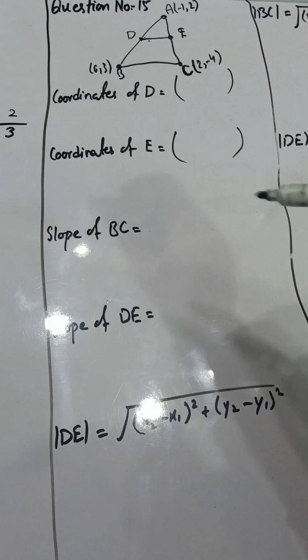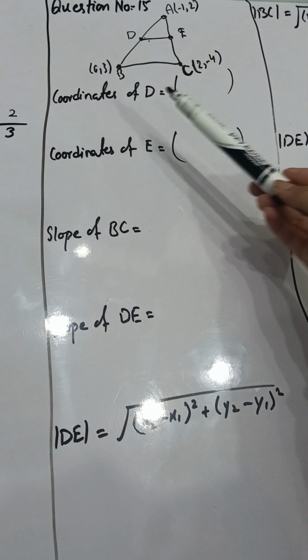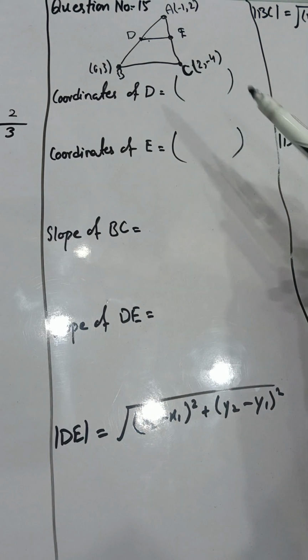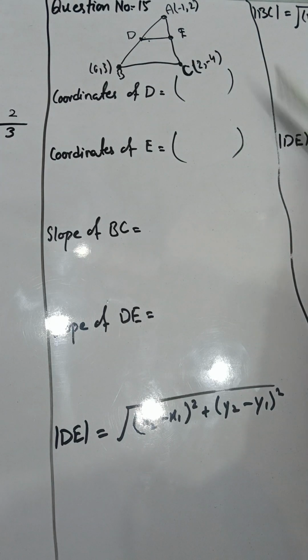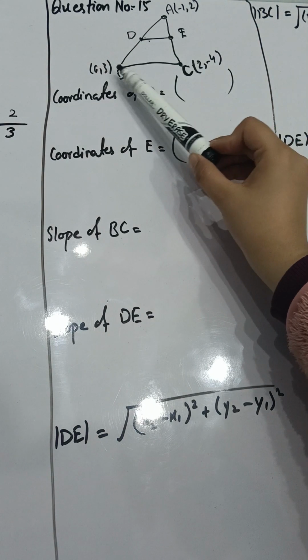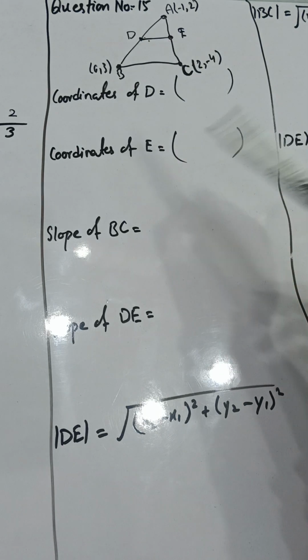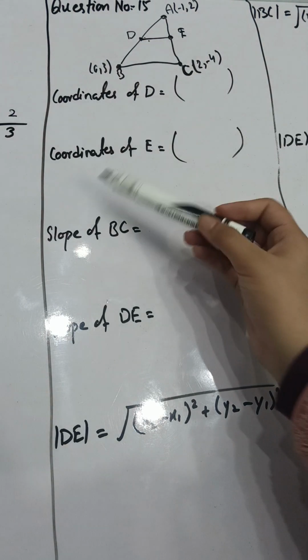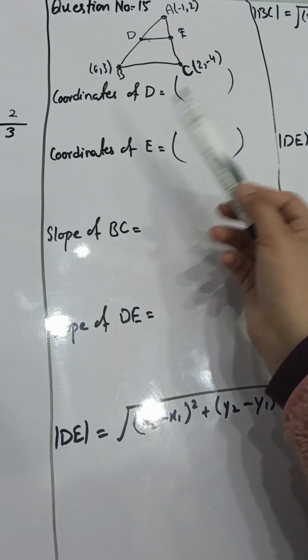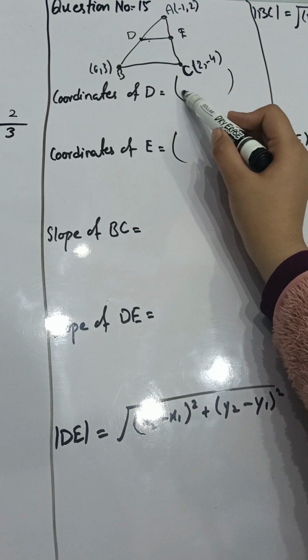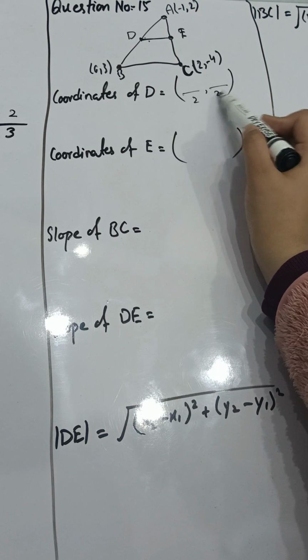So they don't give the coordinates for points D and E. So you have to prove that this is half of BC. So the length is different between them. So you have to find the length of it. First of all, we have to find what are the points D and E. So for finding them, we will use this formula.